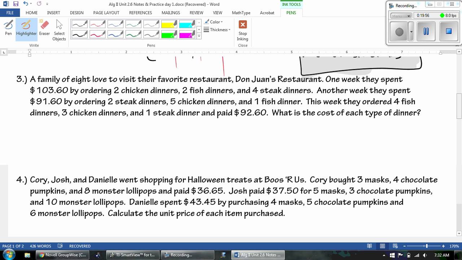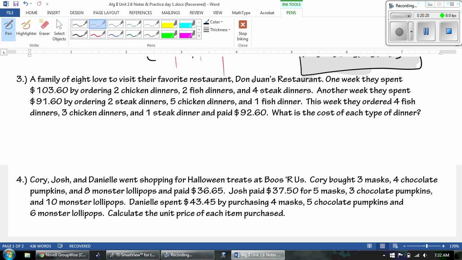Another week, they spent $91.60 by ordering 2 steaks, 5 chicken dinners, and 1 fish dinner. And then this week, they ordered 4 fish dinners, 3 chicken dinners, and 1 steak dinner, and paid a total of $92.60. So, what is the cost of each type of dinner?